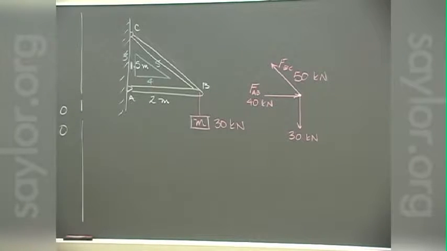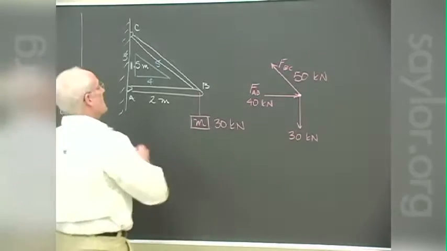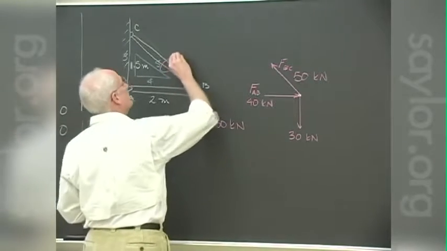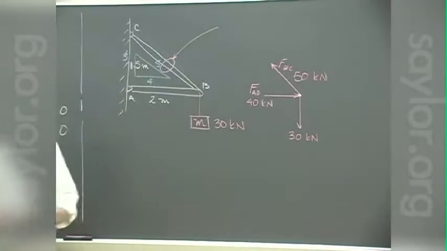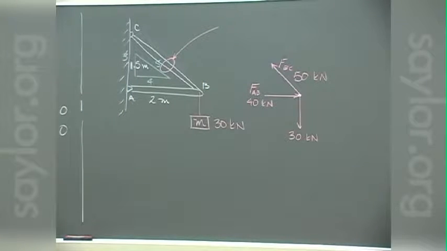That's nothing more than anything we would have done in statics the first or second week we were doing that kind of stuff. What we're going to do now is take a look at the internal forces that are caused by those loads.